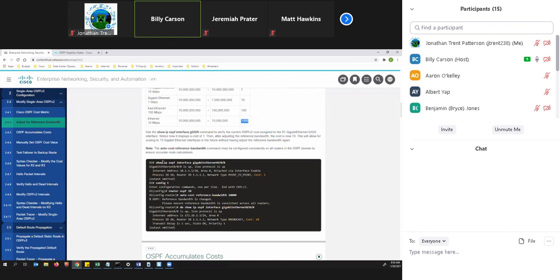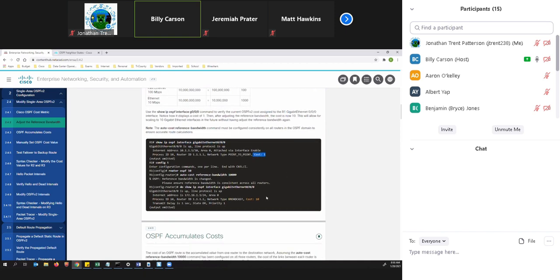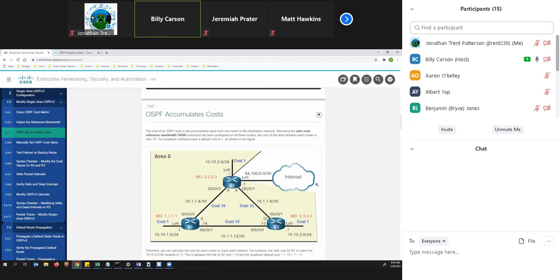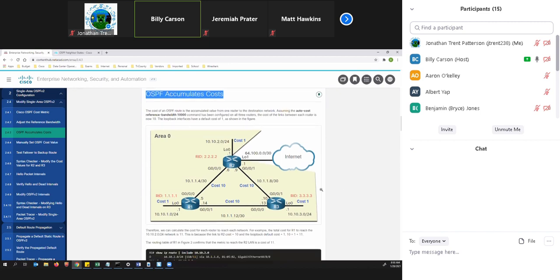So here they're just showing the cost. You can see the cost of it right here, and different interfaces there. Okay. It accumulates. We talked about that, where it builds that cost. So if I'm going from this right here to over here, I've got to figure out this cost.